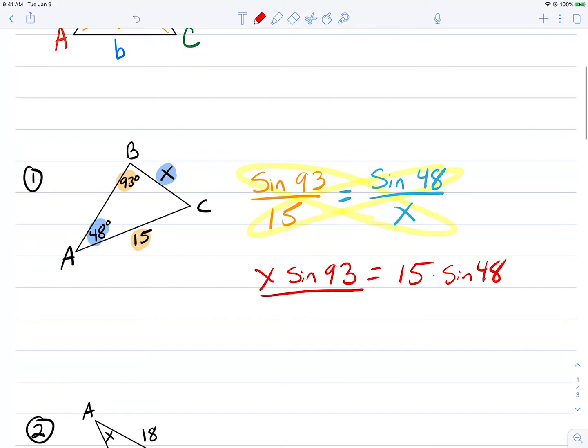And I'm going to divide both sides by the sine of 93. So what you're going to do in your calculator is figure out the sine of 48, multiply it by 15, and then divide it by the sine of 93. When you do that, you should get about 11.2. But I do want you to try that to make sure that you get 11.2.